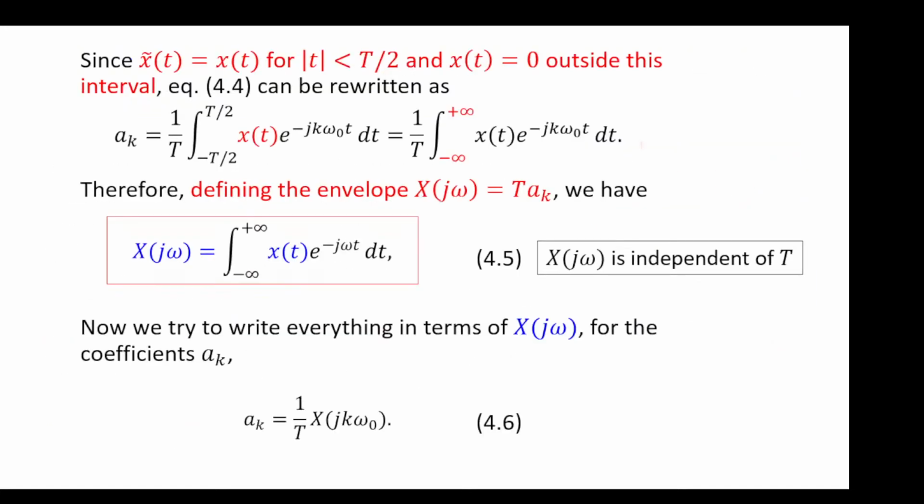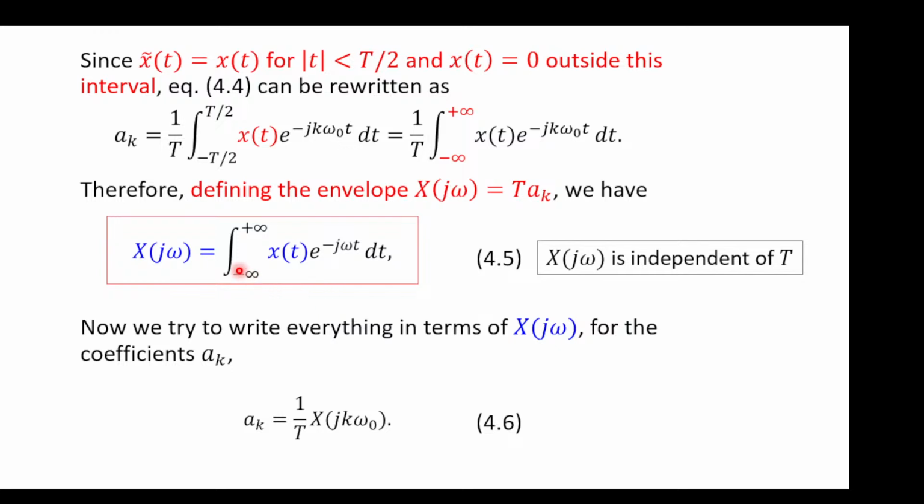So instead of integrating over one period, we can integrate from minus infinity to plus infinity. And then just like in the square wave case, we multiply by big T on both sides, and we see that this big T a_k function, this envelope function, is something really nice. It is the function we define as X of j omega.